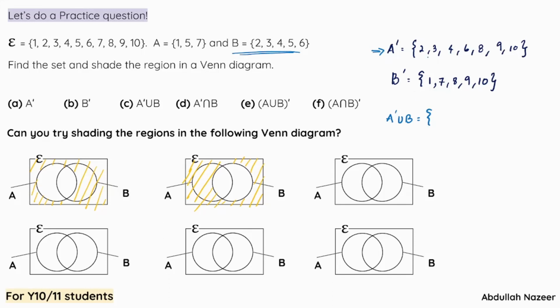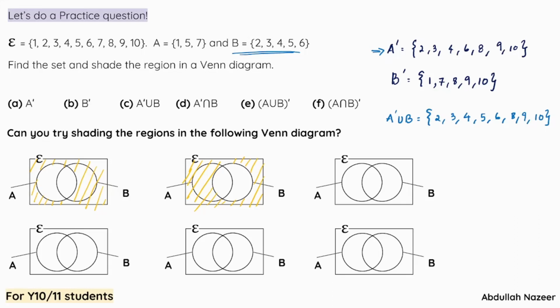So if we put that together, that's basically 2, 3, 4, 5, 6, 8, 9, 10. As I've mentioned previously, you don't repeat an element more than once within a set. So A complement also has 2, 3, 4, 6, and the set B also has 2, 3, 4, 6. But we only write them once when we write A complement union B. We don't write them twice.